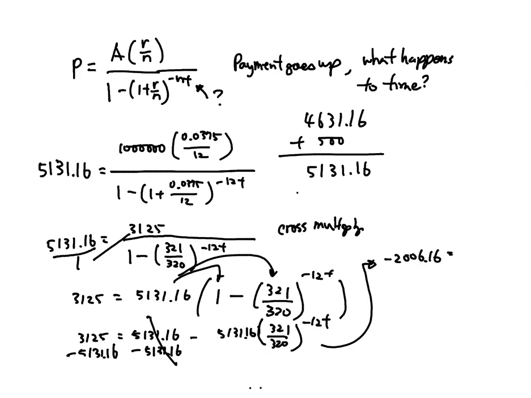equal negative 5131.16 multiplied by 321 over 320 raised to the negative 12t. Sorry, I ran out of space. Okay, so up here, I am going to erase this part, so we have some space.